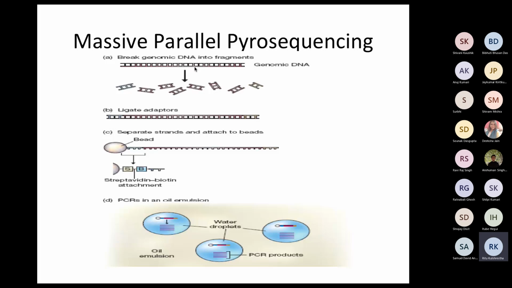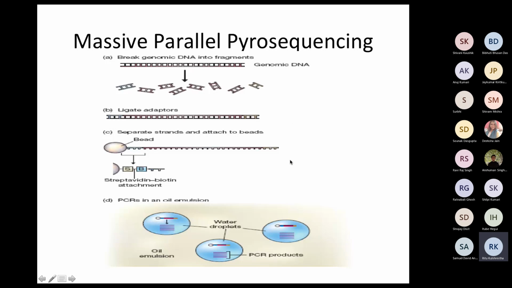Okay? So you have multiple beads. Each bead will have one DNA fragment bound to it. How could it bind? Because of the presence of the adapter which had biotin, and we utilized the strong streptavidin-biotin binding. Now, on the other end of this DNA stretch, we add another adapter. Why do we add another adapter?